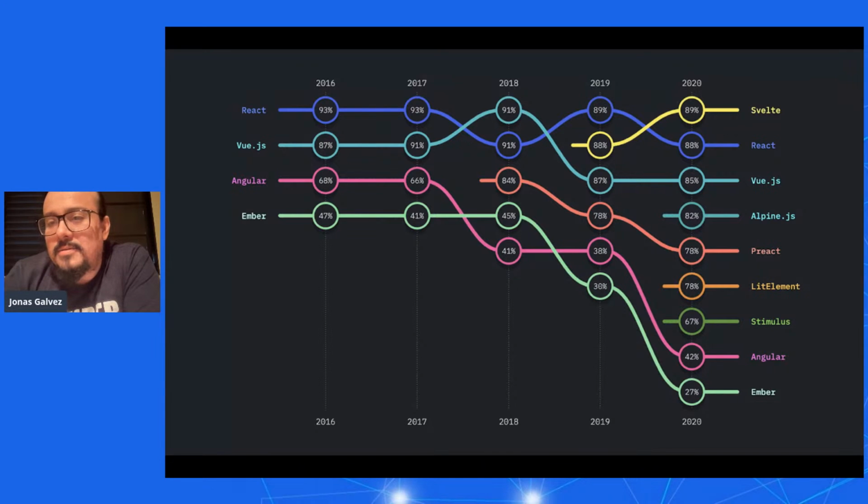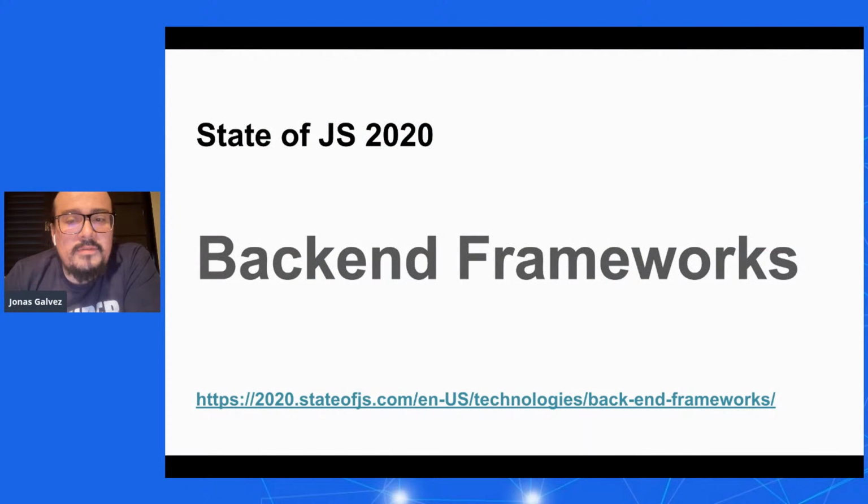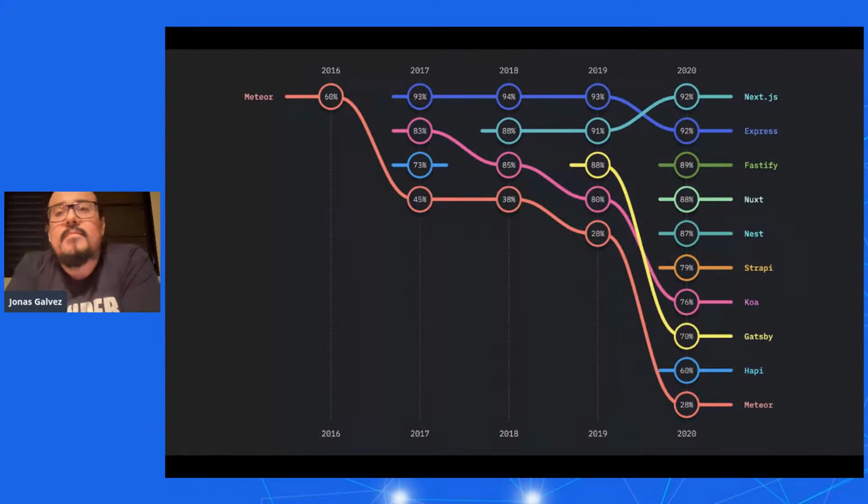Alpine is a recent addition to the ecosystem, and many others. And we can see the list also for backend frameworks from the State of JavaScript 2020. And we see Express, Fastify at the top, followed by Nuxt and many others.